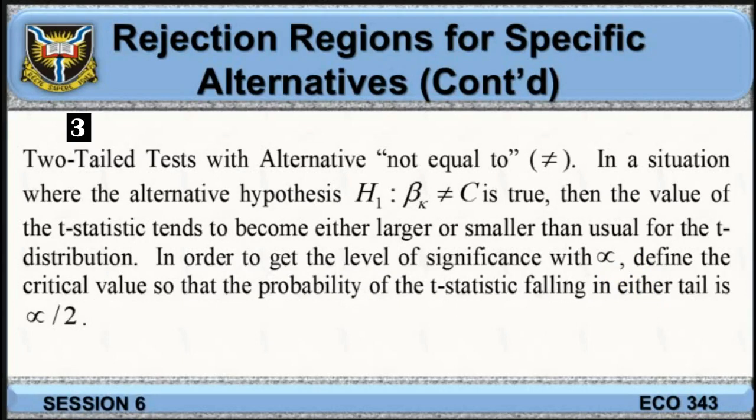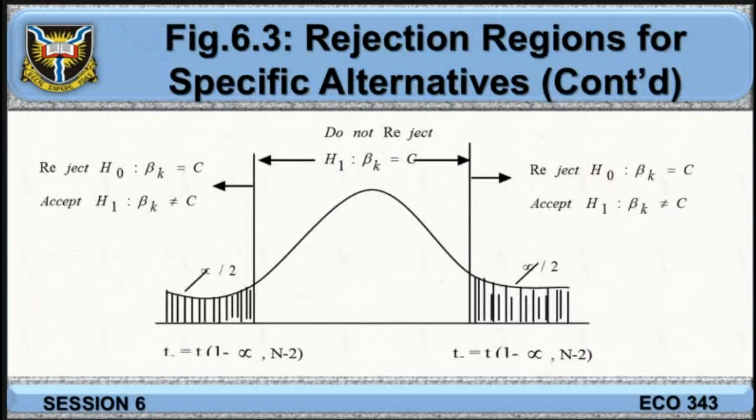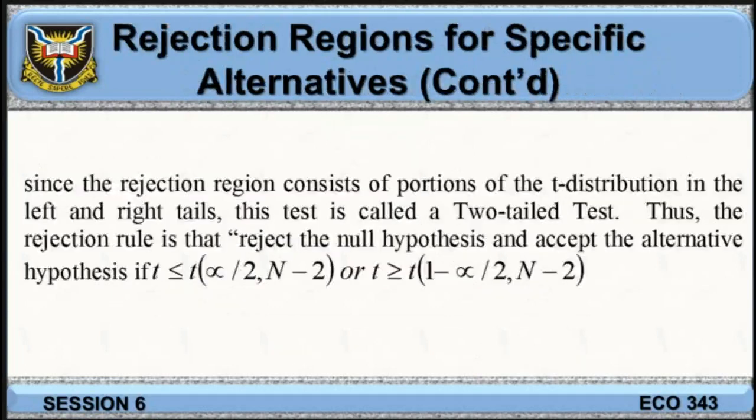In order to get the level of significance alpha, define the critical values so that the probability of the t statistic falling in either tail is alpha over 2. The left tail critical value is t(alpha over 2, N minus 2), and the right tail critical value is t(1 minus alpha over 2, N minus 2).